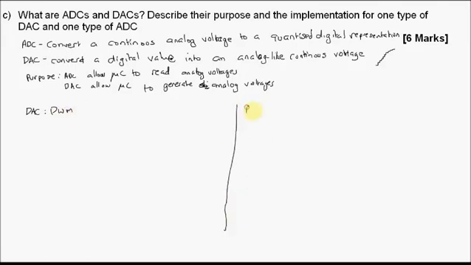For our ADC, we'll describe our ramp compare or integrating. Now, you don't need to describe those particular ones. You could have used a flash ADC or a successive approximation or anything like that. So, pulse width modulation.